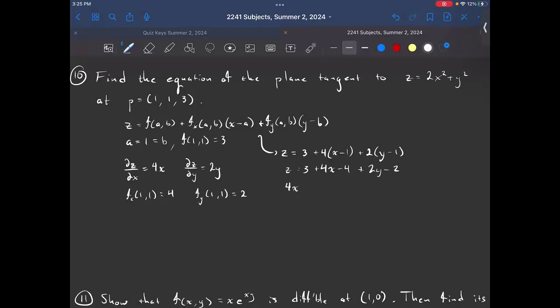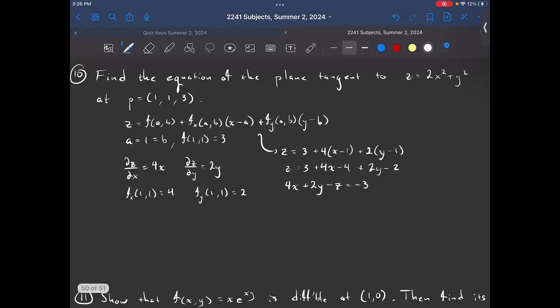So let's put 4x plus 2y minus z equal to, let's see, 3 plus negative 4 plus negative 2 is going to be negative 3, I believe. All right, and that should be enough to get us the normal vector. So I'm doing a little bit extra at this point. Our normal vector is 4, 2, minus 1.